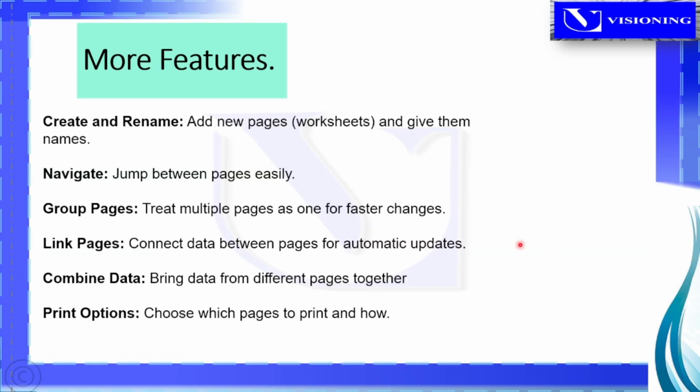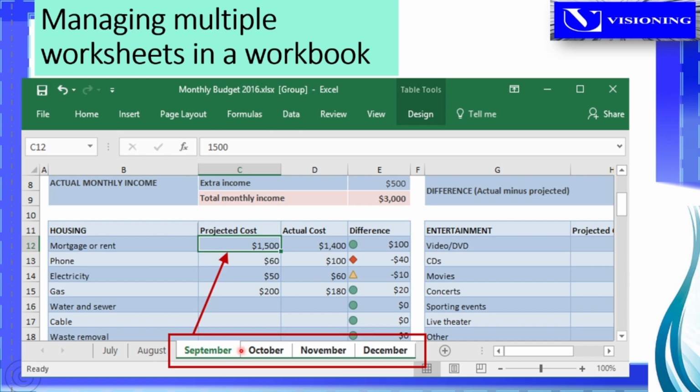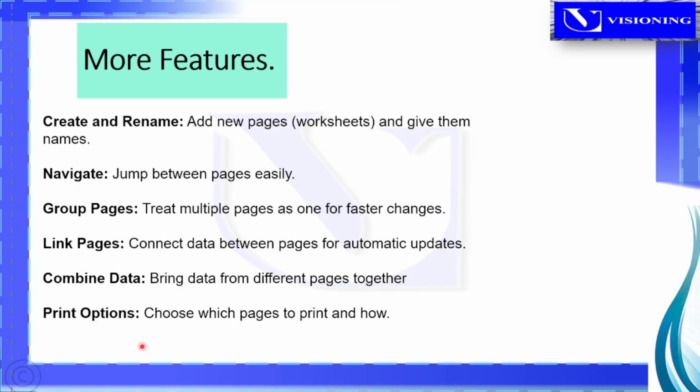So now, with more features, we can create and rename: we add new pages into the workbook and give them names. So it wouldn't come as September, but as, let's say, sheet 1, sheet 2, sheet 3, sheet 4, and you rename it to suit your style of naming.